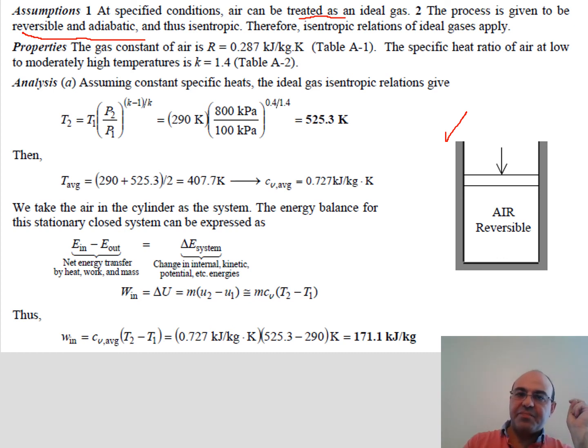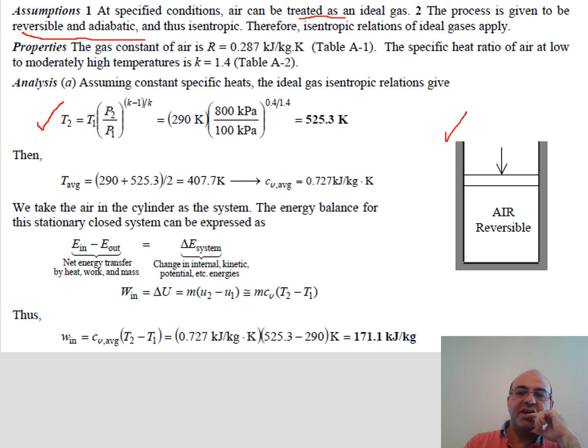And for part A, it says to use constant specific heat. So we need to use the table A1 and A2. So at the right place, I will mention it. So assuming constant specific heats, we can go ahead and use the isentropic relations.